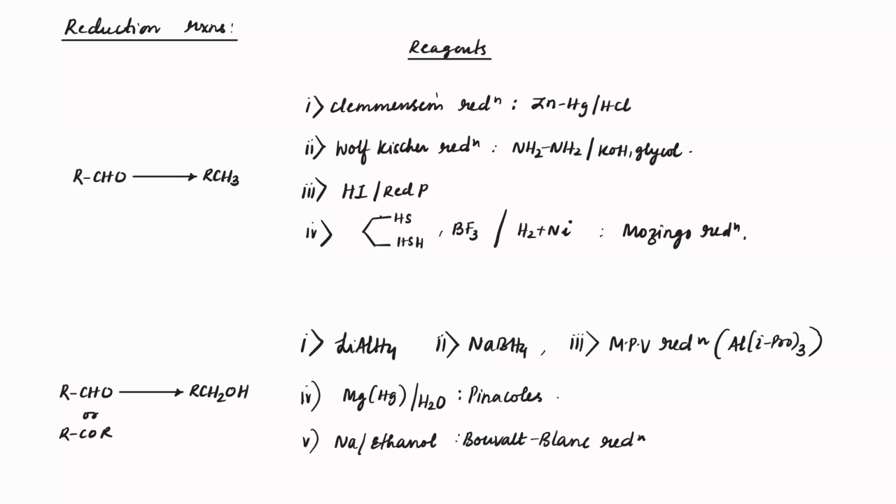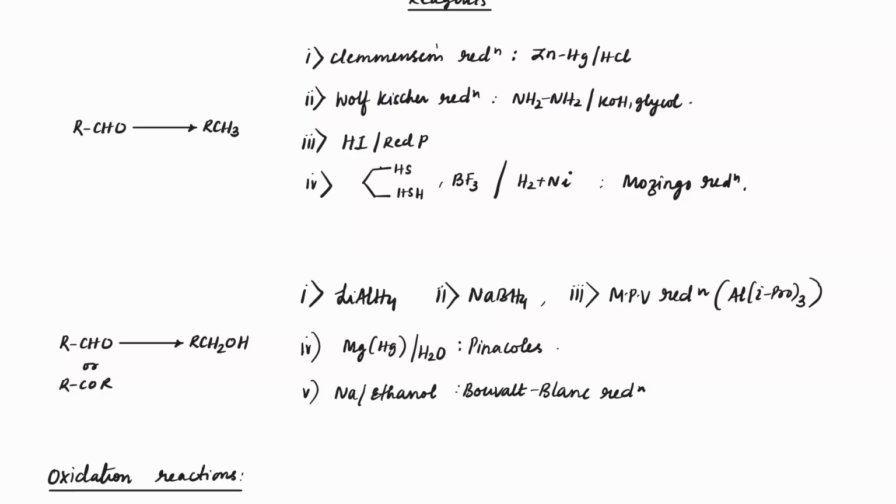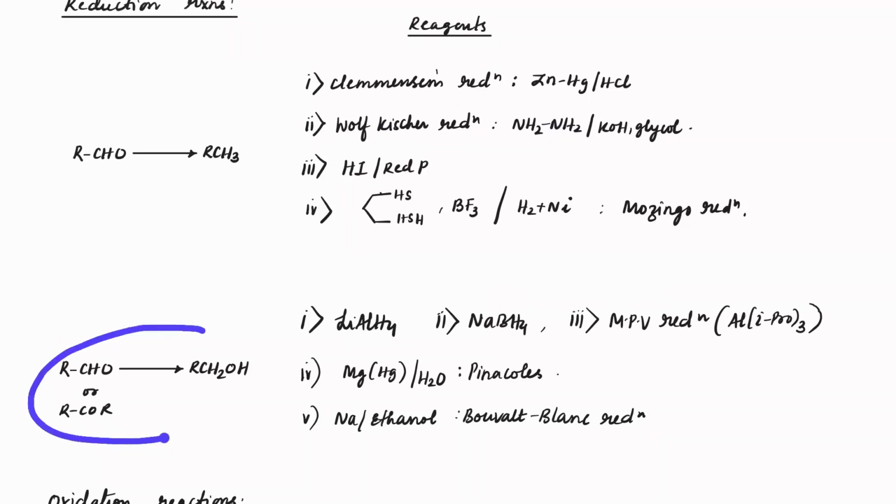Now let's see what all the reduction reactions are in general. Other than that, we learned the aldehydes and keto forms. If you want to convert into alcohols, everything we learned in the alcohols chapter, right from lithium aluminum hydride, NaBH4, MPV reduction, pinacol formation, sodium in ethanol, which we call Bouveault-Blanc reduction.